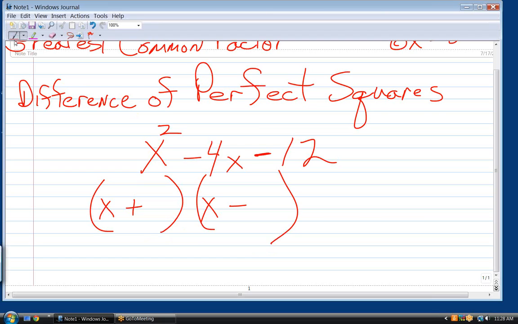Now step 3 is very, very close to the old step 3. It's factors of 12. But instead of adding to 4, they need to subtract to 4 because of that negative sign. So what factors, and not the negative 4, but the 4, what factors of 12 subtract to the number 4?